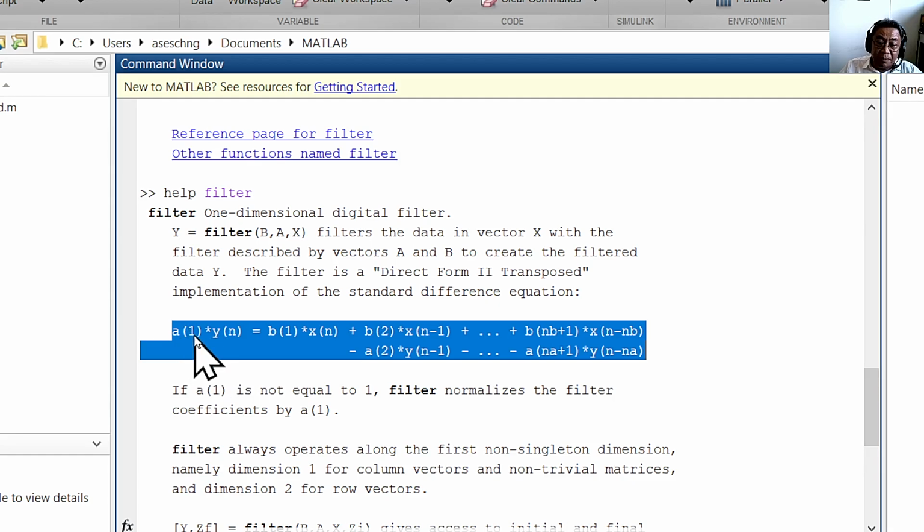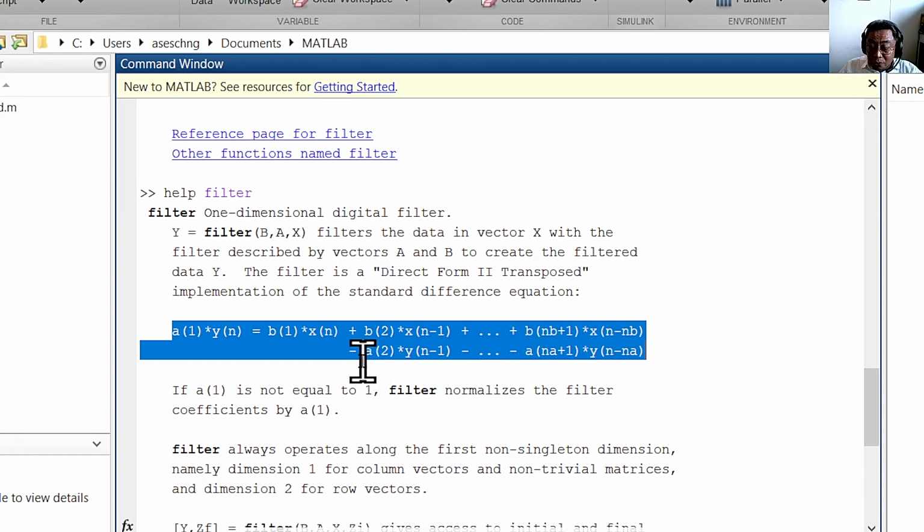a(1) y(n) is equal to b(1) x(n) plus b(2) x(n-1) plus, and so on, until b(nb+1) times x(n-nb). So this expression here is the output with respect to the input and the past inputs, until whichever past input you want to use.